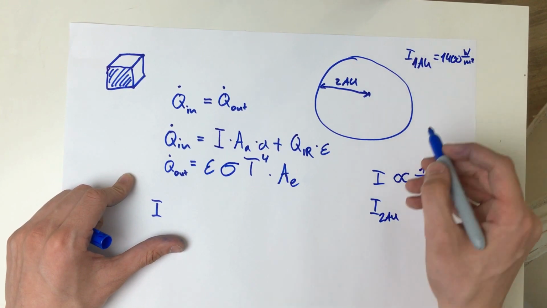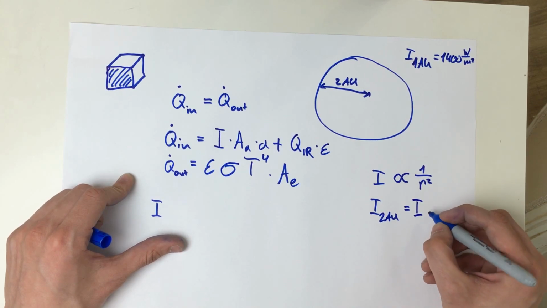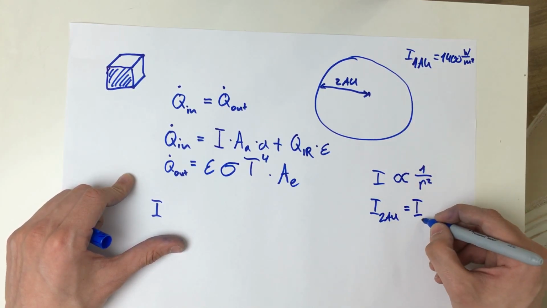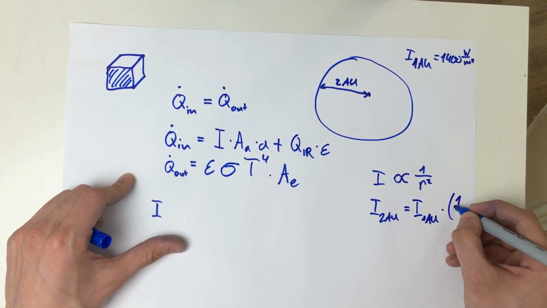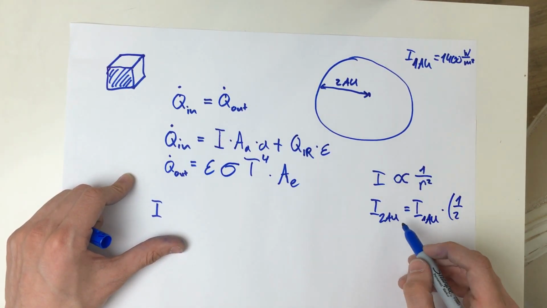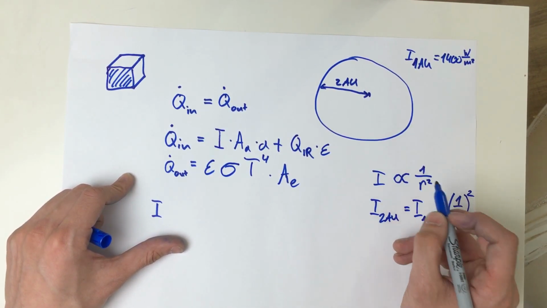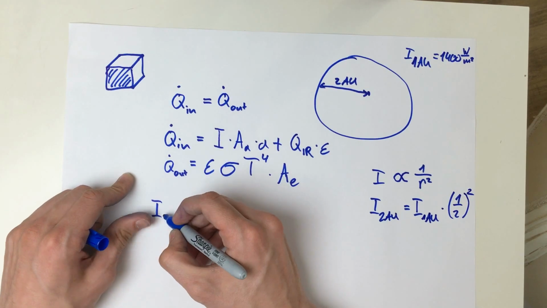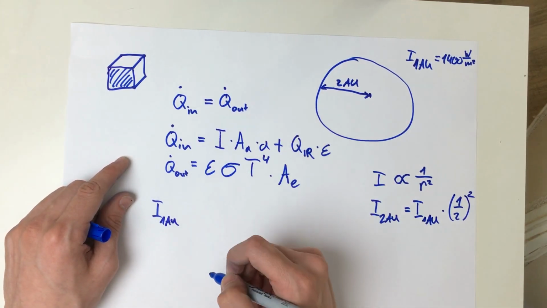With this given and this relation, we know that the intensity at 2 AU must be the intensity at 1 AU times 1/2 squared, because it's 2 times further away. So this is just this relation. We can substitute this for the I.